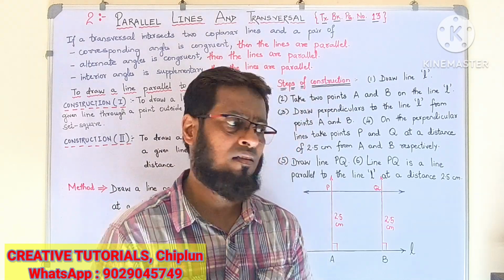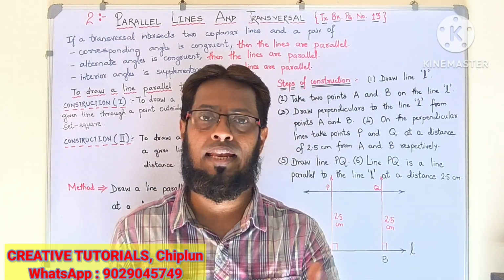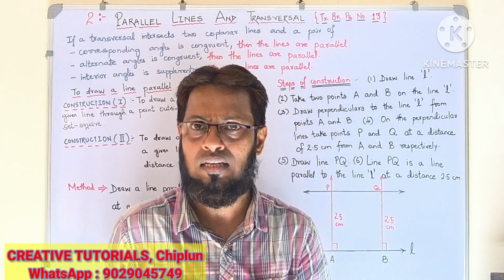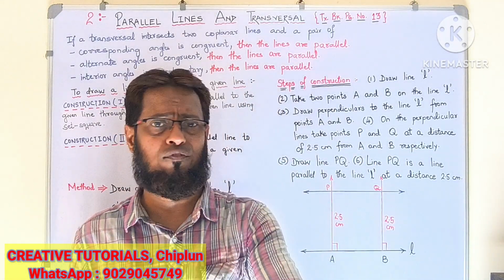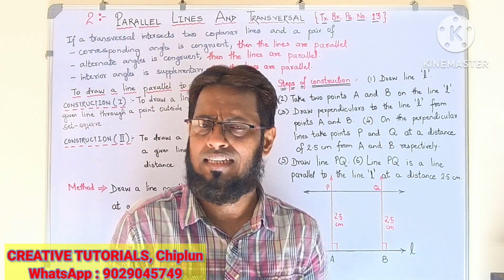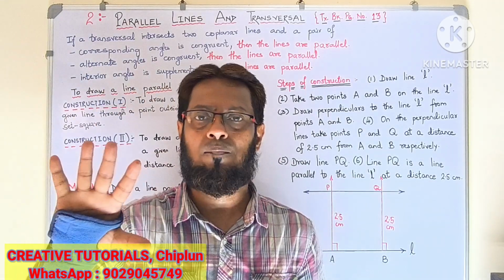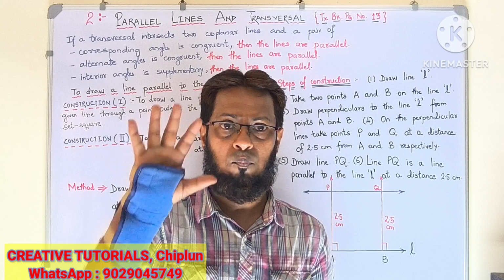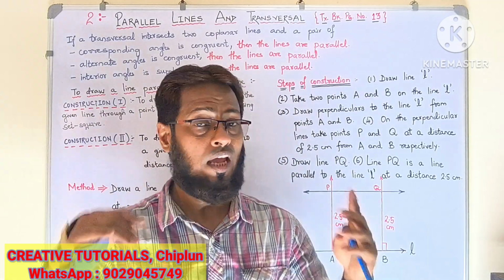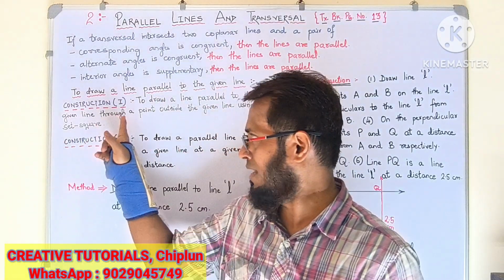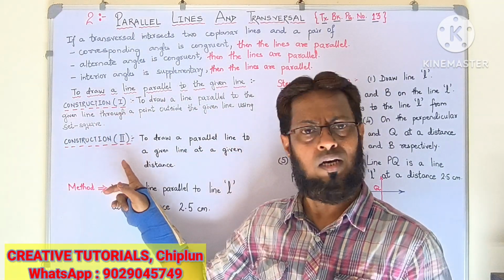Instead of line L, they will give you line M or line A, whatever, and instead of 2.5, they might make it 2 centimeters or 3.5 or 5 centimeters, whatever. Otherwise, the basic method or steps of construction remain the same in both the parts, construction number 1 as well as construction number 2.